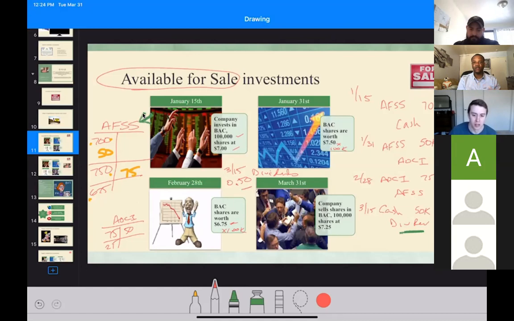We still own the 100,000 shares, and that's reported at its fair market value of 675. Those dividends would be reported on the income statement then? Yes. Got it.